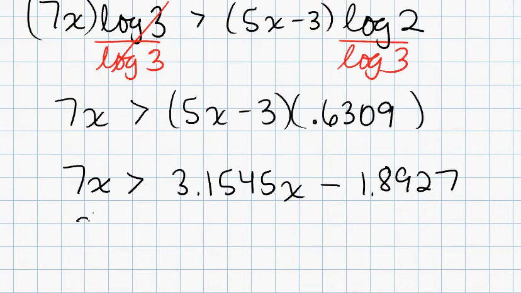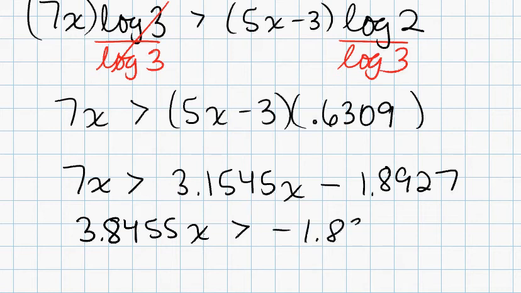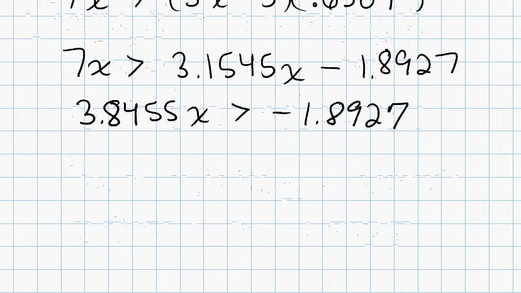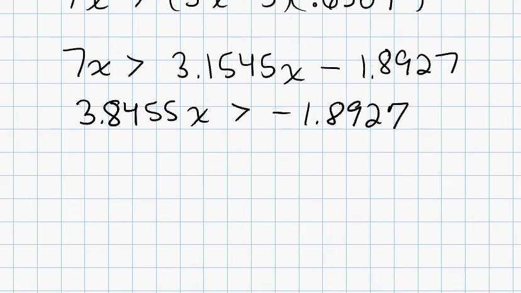So 3.8455x is greater than a negative number. Divide. And x is greater than negative 0.4922.